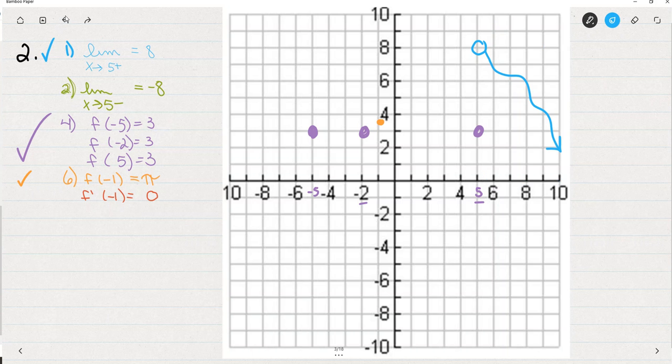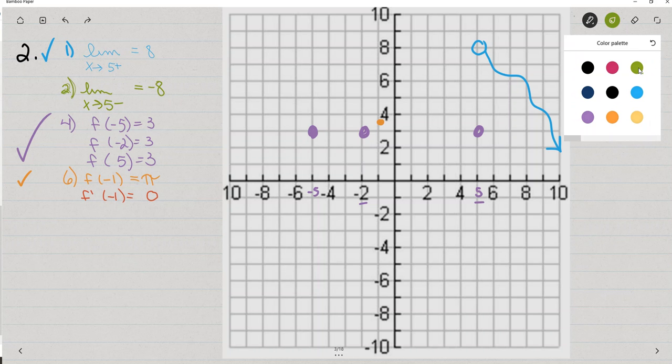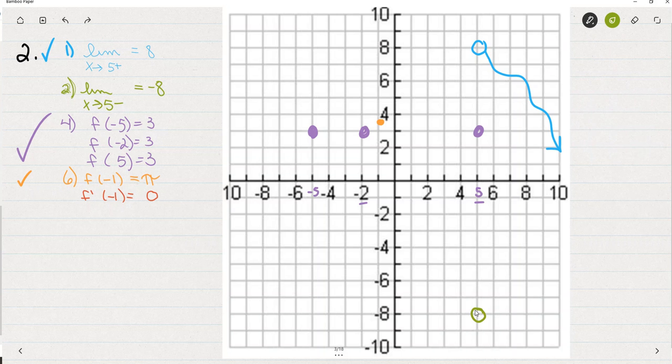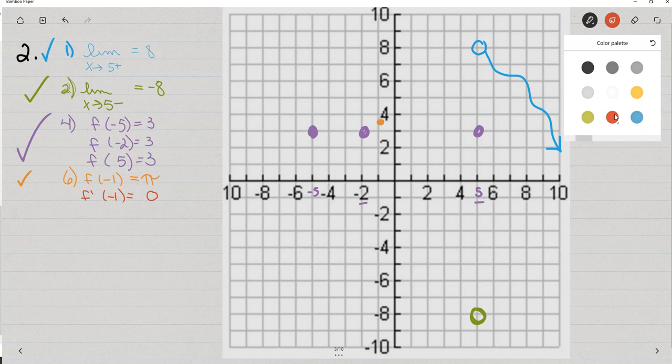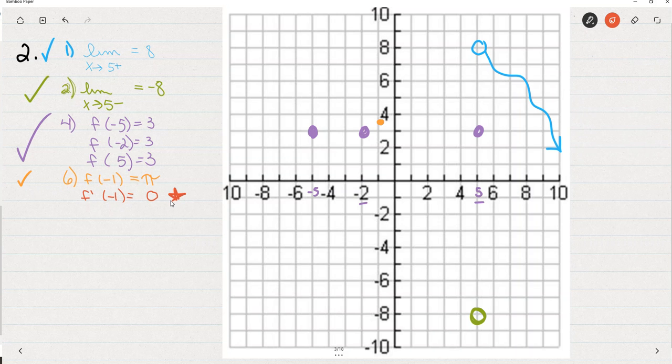Next, this green piece, the limit as x approaches 5 from the left is negative 8. So I'll go down here to negative 8. And as we get closer and closer here, we're going to be at negative 8. So somehow I want to connect this green to this orange, but we'll wait to do that because we have one last piece to include in our graph, and that's this first derivative at negative 1 is 0.